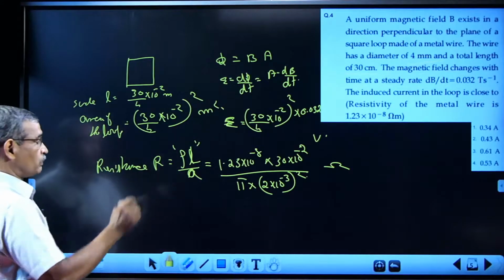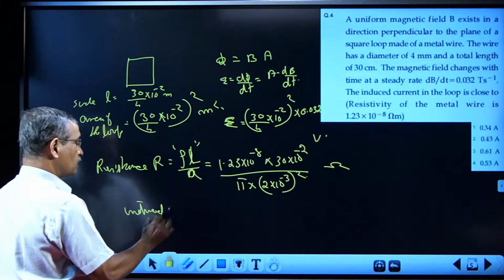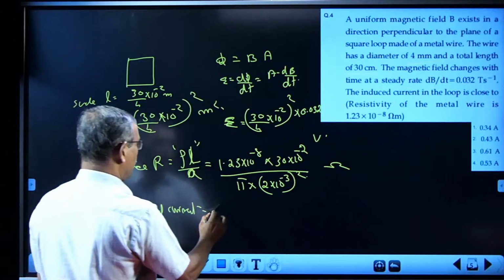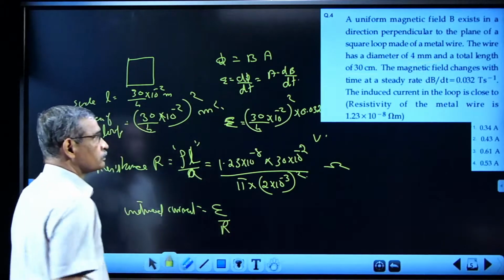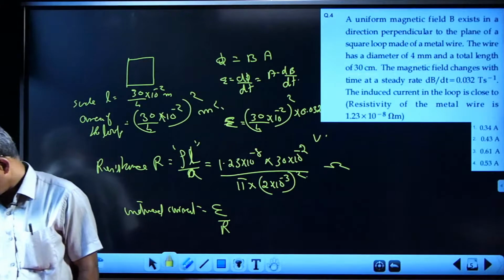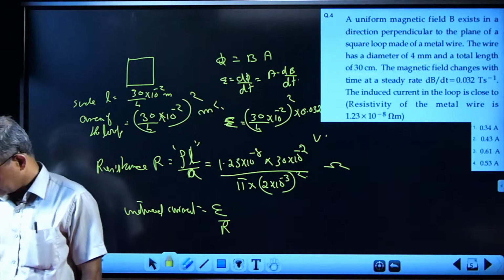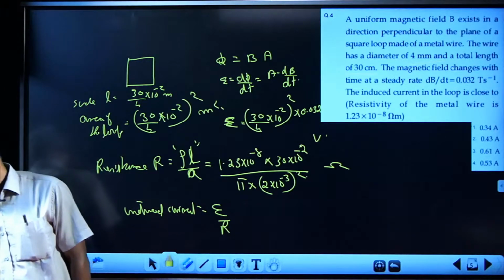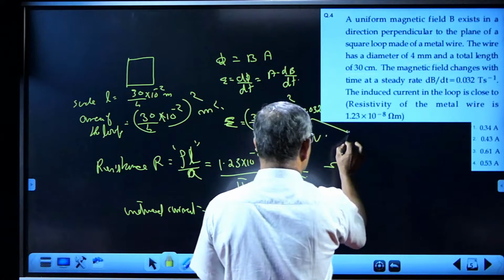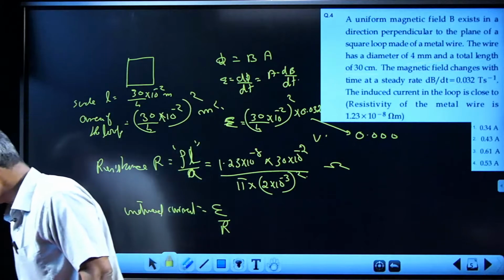Then the question is, what is the current? Induced current is equal to EMF by resistance. Now compute both and substitute, and you get the answer. On calculation, the EMF value is 0.00018 volt.